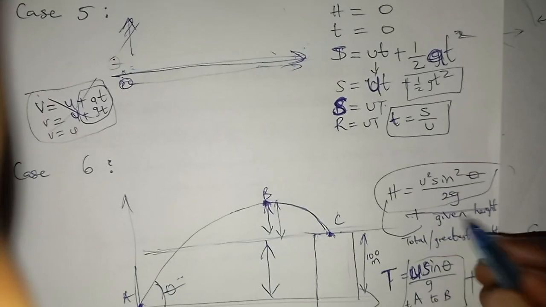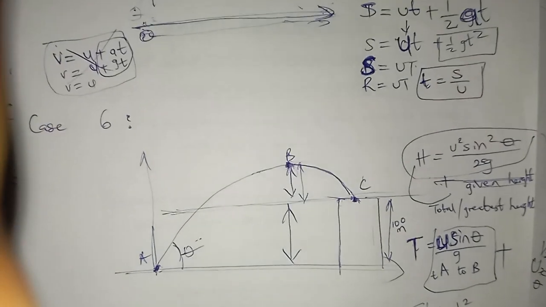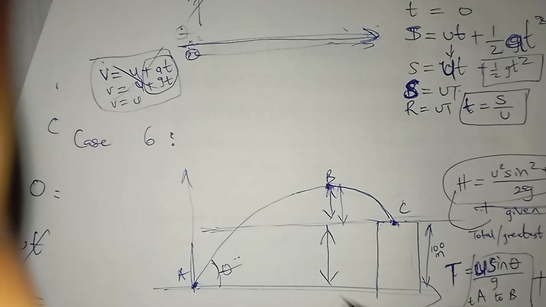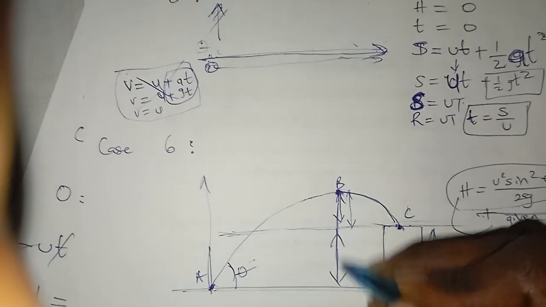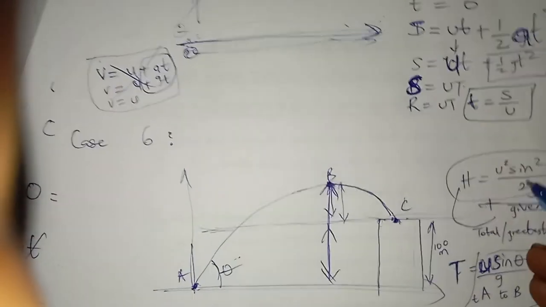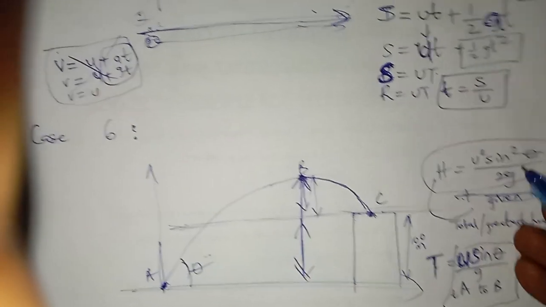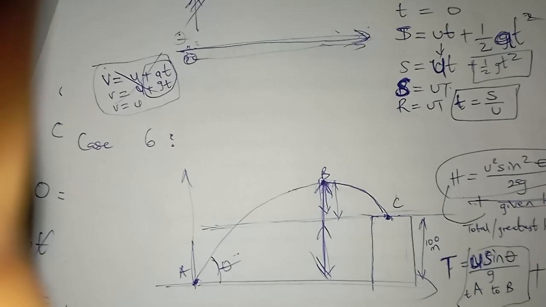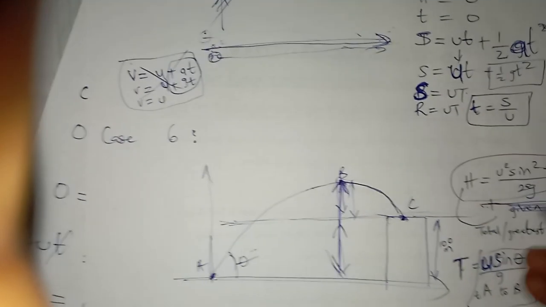There's nothing like plus given height. We don't look at given height because it went past the given height. So what we do is just using our maximum height, u squared sine squared theta, we get the total height. And when we get this total height, we don't do anything like given height.